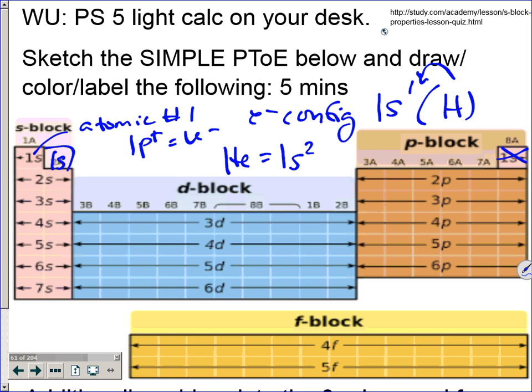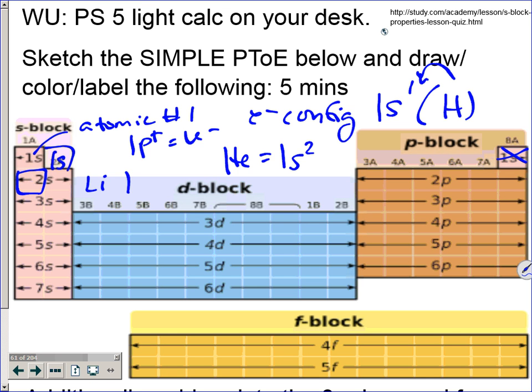Okay, but now I'm looking at lithium. Where's lithium at here? It's at the 2s level, right? Okay. So lithium, which is right here, I have to start by building always from scratch. So I can't just go straight to the 2s because the 2 means second energy level. I can't go straight to the second energy level. I build from the inside out. So I have to start building as first energy level, 1.